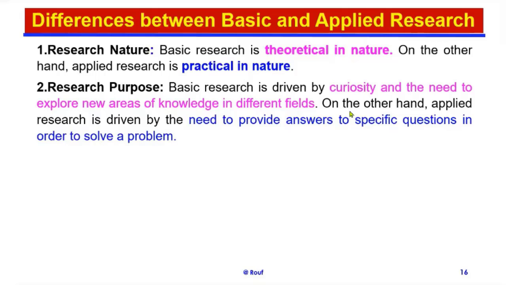The basic research is driven by curiosity and the need to explore new areas of knowledge in different fields. On the other hand, applied research is driven by the need to provide answers to specific questions in order to solve a problem.